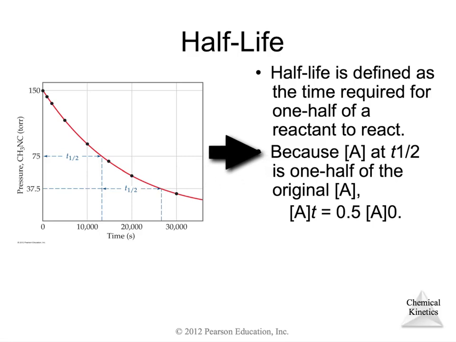Because A, and remember those are my concentration brackets, so we'll say because the concentration of A at a specific half-life is 1/2 of the original concentration, then we've come up with this symbolic way to represent half-life.